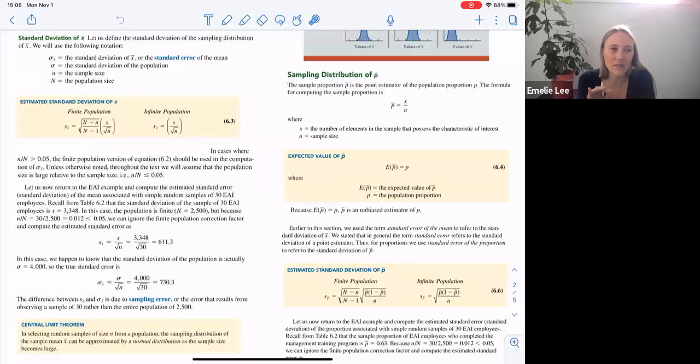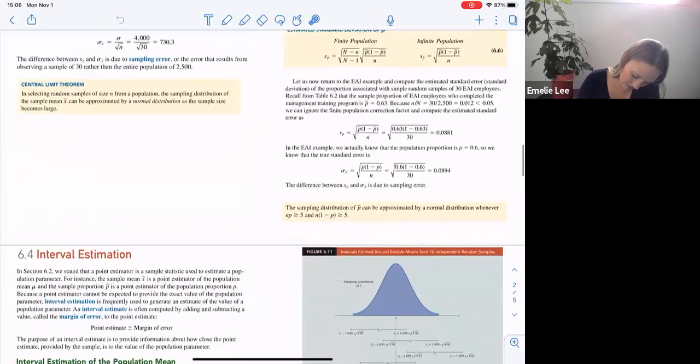I forgot to put that the sample size is large enough for the central limit theorem to kick in.